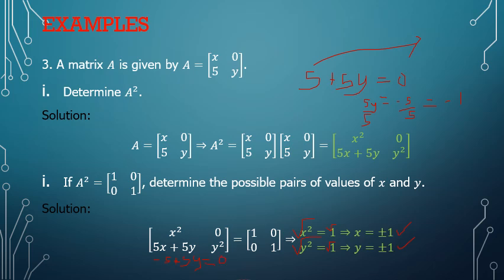So if we add 5 to both sides to get rid of the -5 here, it will be 5y equals 5, which will just imply that y equals +1, because it will be 5 divided by 5, you get 1. So you can see y is either -1 or y equals 1.